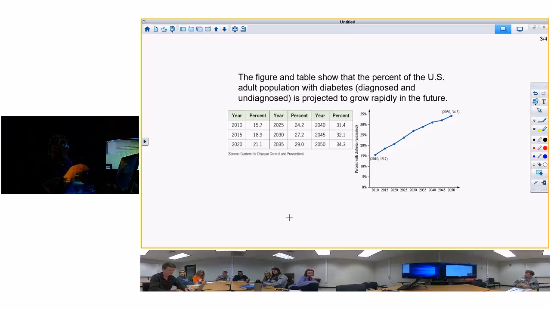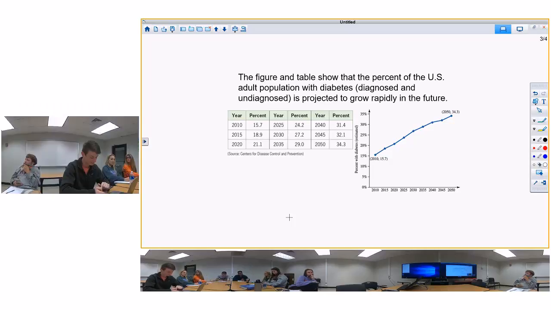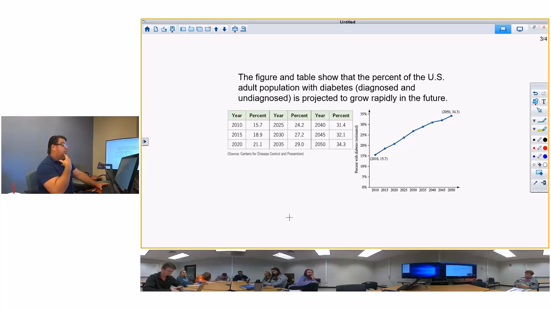Now, they give you the table and this one. I got this one from the Centers for Disease Control and Prevention. The figure and the table show that the percent of the U.S. adult population with diabetes, diagnosed and undiagnosed, is projected to grow rapidly in the future. Golly, what a surprise.